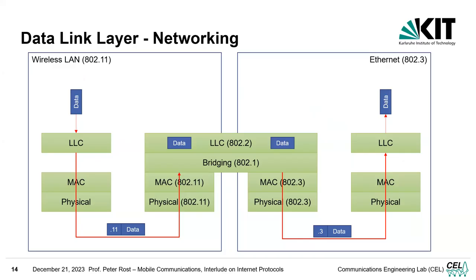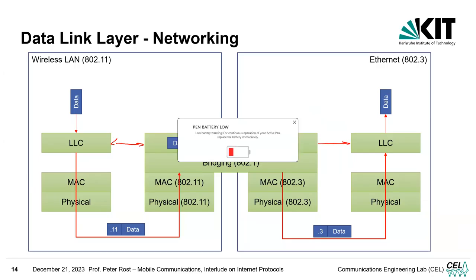Now, how does this work? You would typically have your frame that you send. You have again an own LLC connection through these devices. And then you have an own MAC connection within Wi-Fi, so in this case 802.11. You transmit the data within your Wi-Fi device.